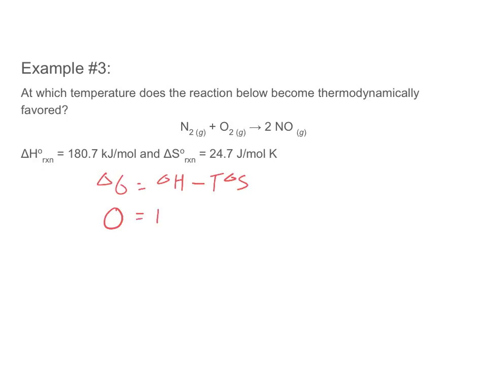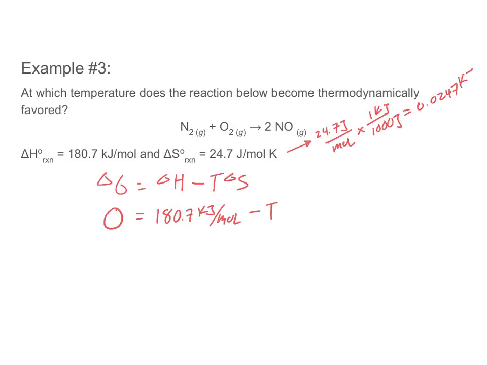Delta H was given to me as 180.7 kilojoules per mole, minus temperature, which is what we're solving for here. And this unit I'm going to change to kilojoules per mole, because kilojoules is our currency of chemistry. So 24.7 joules per mole times 1 kilojoule over 1,000 joules gives me 0.0247 kilojoules per mole.